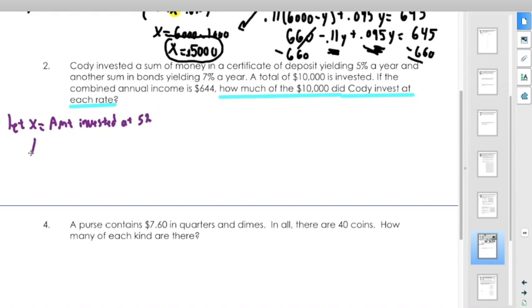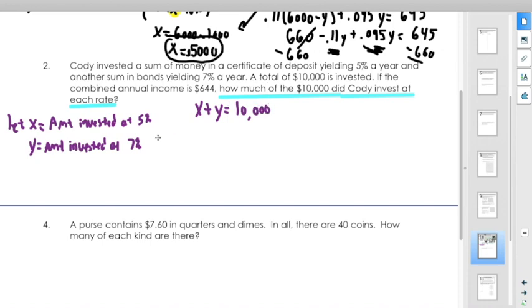And then let's let y equal the amount invested at 7%, because that's the other percentage. Okay. So we got the 5%, we got the 7%. A total of $10,000 is invested. So we know that x represents the 5% and y represents the 7%, and together 10,000 is invested. So that's nice. x plus y equals 10,000.